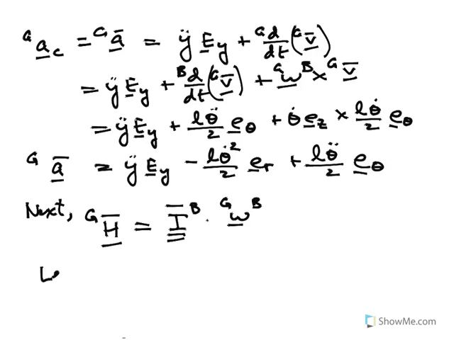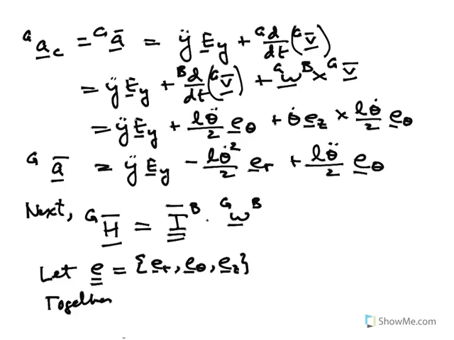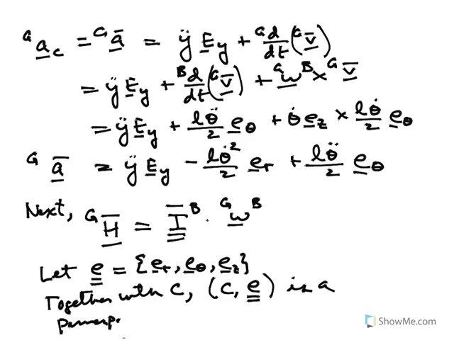So let E equal ER, E theta, EZ, and together with C, which is the center of mass of the arm, the system C, E is a principal axis coordinate system.